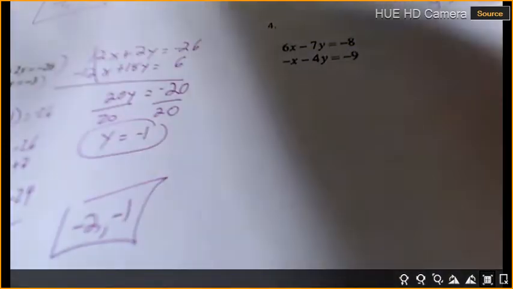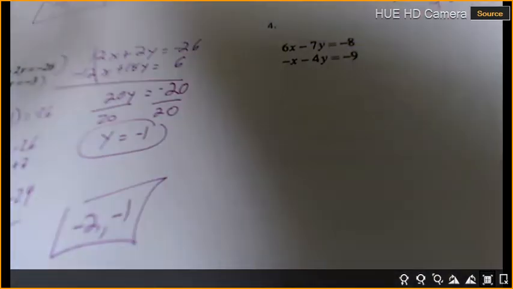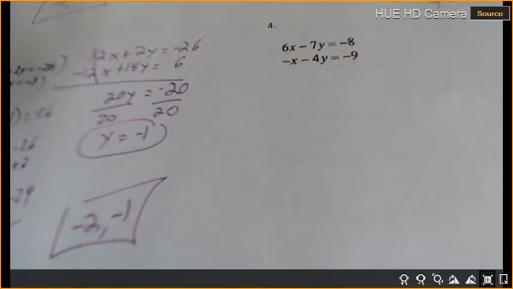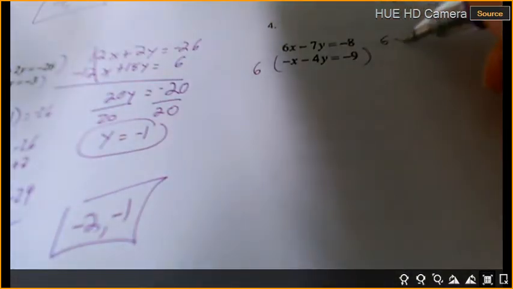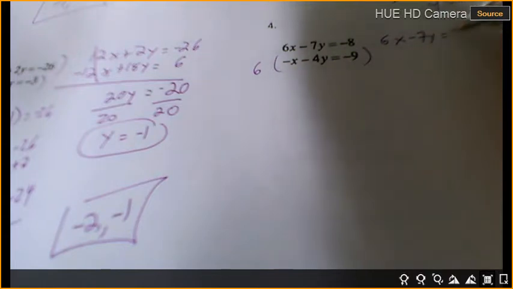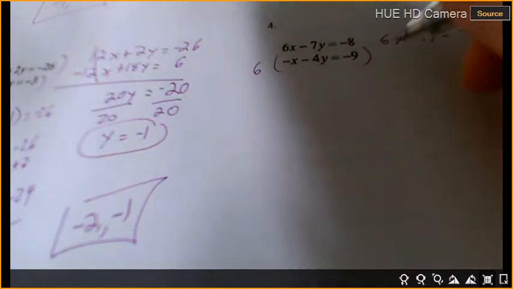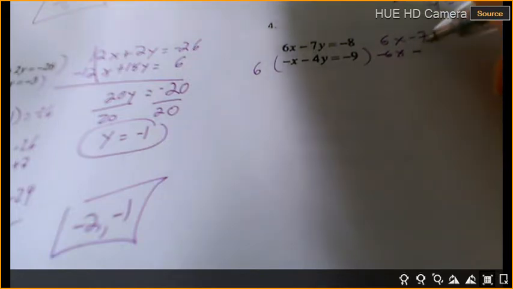What should we multiply this one by? Should we multiply the top equation or the bottom equation, and by what? Bottom equation. By 6, yeah. So I get 6x minus 7y equals negative 8. And then I get negative 6x minus 24y equals negative 54.